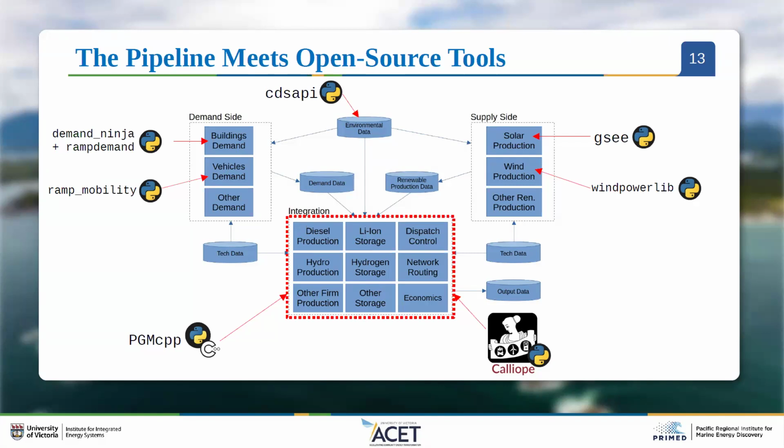And then GSEE and Wind Power Lib for solar and wind. And then PGM for microgrid. And there was another tool I came across called Calliope that can do wider area networks. So it actually does routing energy through the network topology, which PGM doesn't do, being a microgrid model. So Calliope is another one that I'm interested in taking a closer look at.